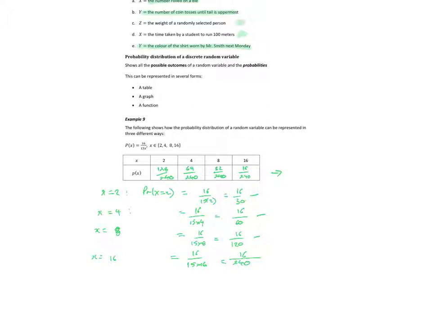If we've done it right, the probabilities should add to 1. So 32, 64, plus 16 is 112, plus 128 is 240, so it is 240 over 240. So that makes it a probability distribution because all the probabilities add to 1. And what this table is saying is the probability of getting an 8 in whatever we're doing is 32 on 240. So there's a table and a rule there that represents my data.